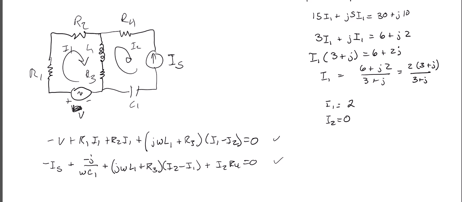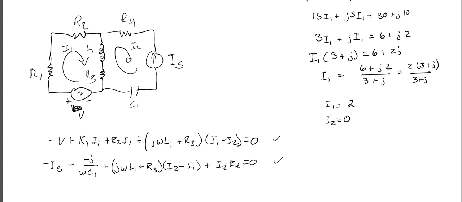So for the inductor, you have to add the impedance to the things that are in series. Yes. And then why is that I1 minus I2? Or is that I1 minus I2 at the end?